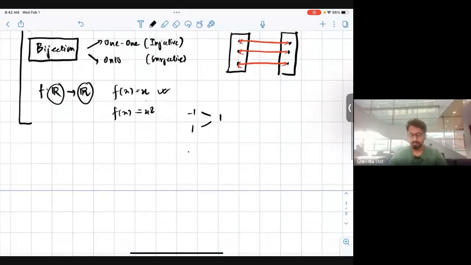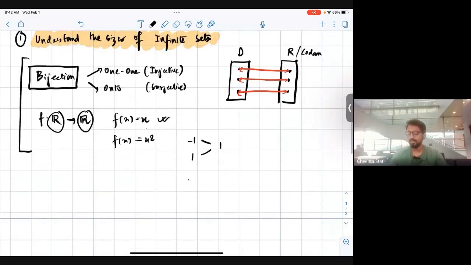Okay, so this is bijection. So how do we use it? One way to compare the number of elements of one set with another is this: if there is a bijective relation between two sets, their number of elements will be the same.